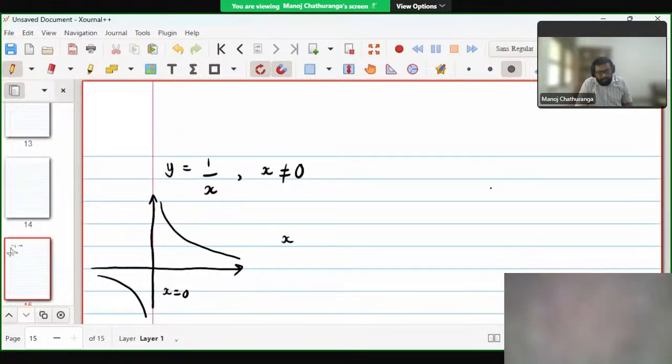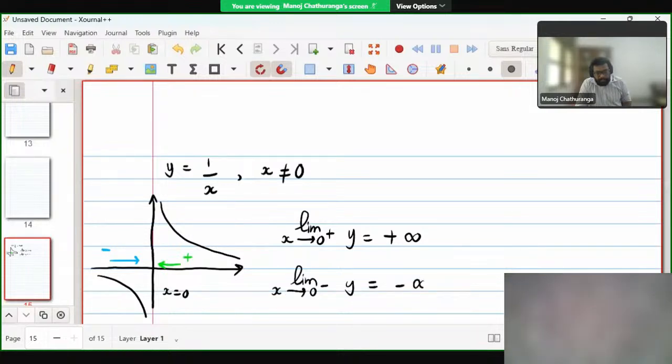For this function, as x goes to 0 from the right hand side, the y value goes to plus infinity, and as x goes to 0 from the left hand side, y values go to minus infinity.